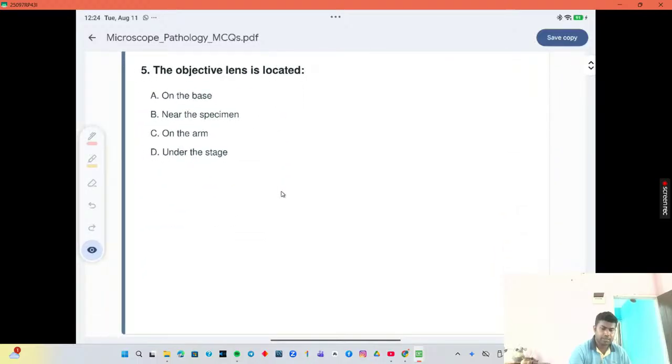Now the question here is given as, the objective lens is located near. The objective lens is located near the specimen.